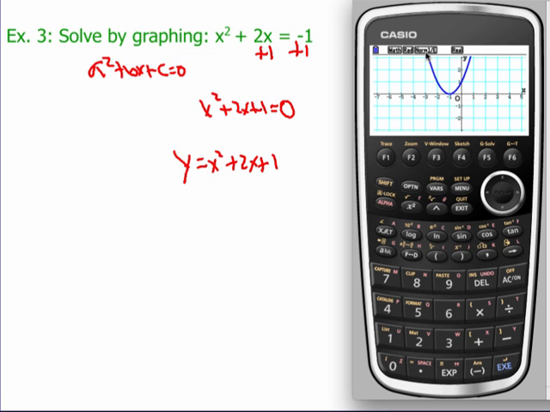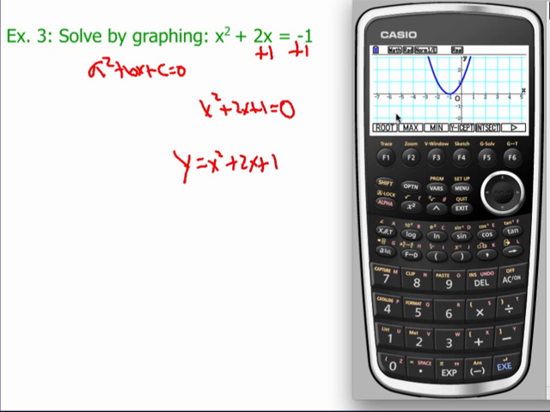We can see that this has exactly one solution because it touches the x-axis exactly one time. And it looks pretty much like it's going to be at -1. The nice thing is this calculator can tell us exactly what our solution is. So it looks like it's at -1. I'm going to hit F5 or G-solve, and we see this word root.